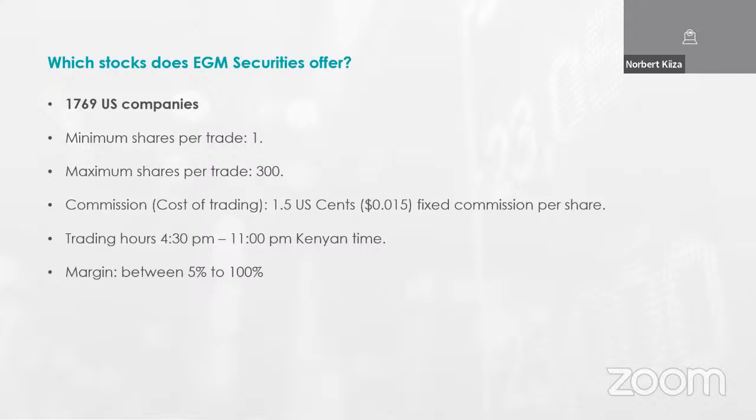Then when it comes to margin, the margin is between 5% to 100%. So when you talk of margin, it's the percentage of capital that would be required to open a position.